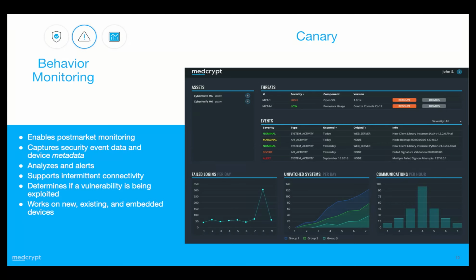Great. So this is our behavior monitoring product, or a product that we call Canary. And Canary enables post-market monitoring of security events. And it's really designed to ingest event data as well as device metadata, and then send that to our monitoring service. And then Canary will take that data, analyze the data to identify whether it's obvious or more obscure or subtle examples of either malicious or anomalous behavior.